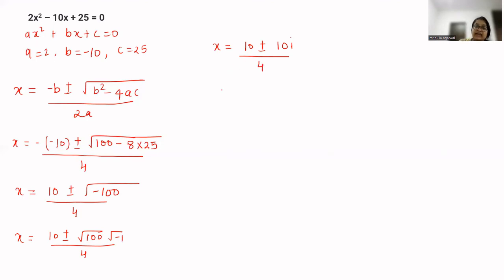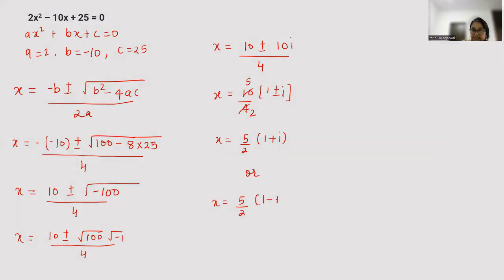Now again we have two roots. 10 we can take outside, so we have 1 plus minus i upon 4. 2s are 2, this will be 5 by 2. So we have two roots over here, that is 5 by 2, 1 plus i, or x is equal to 5 by 2, 1 minus i.